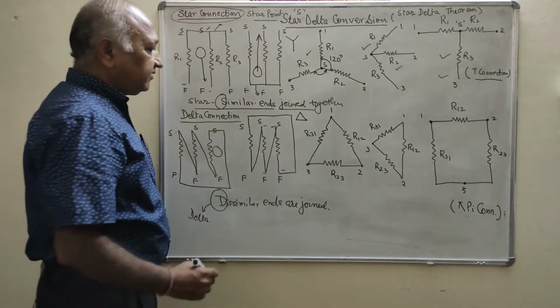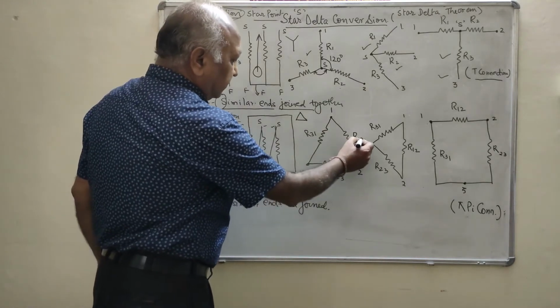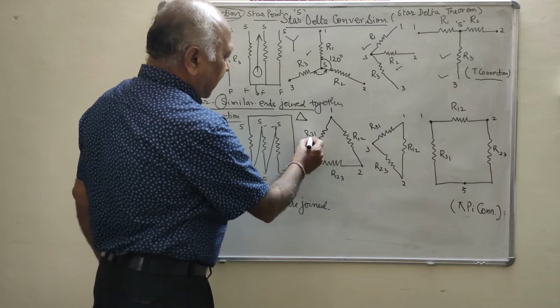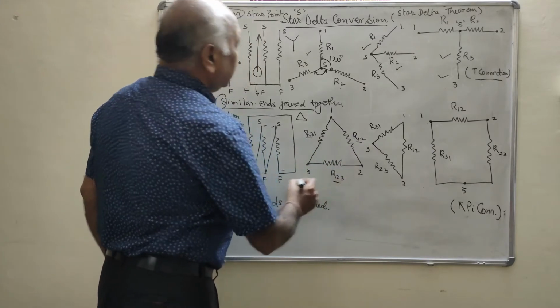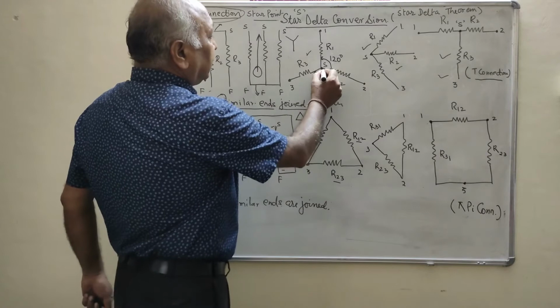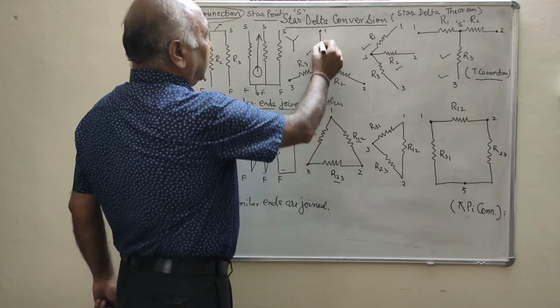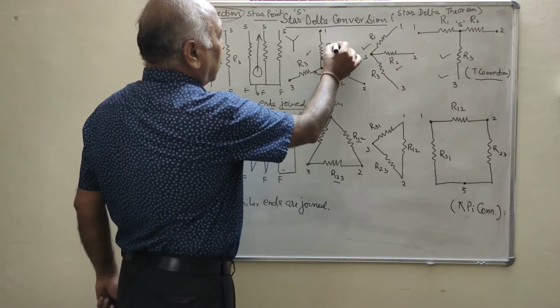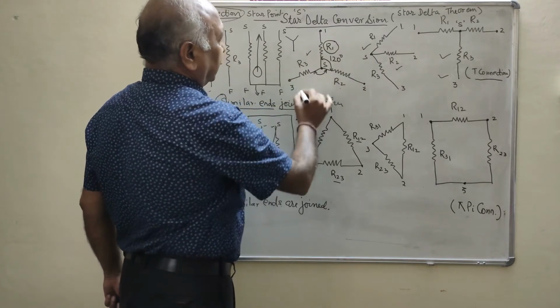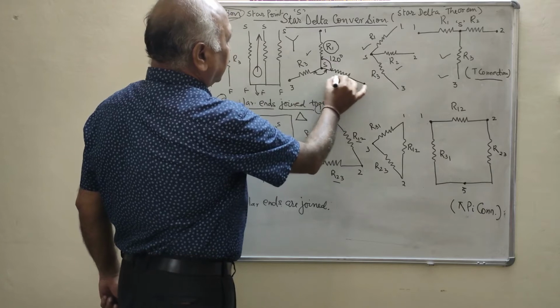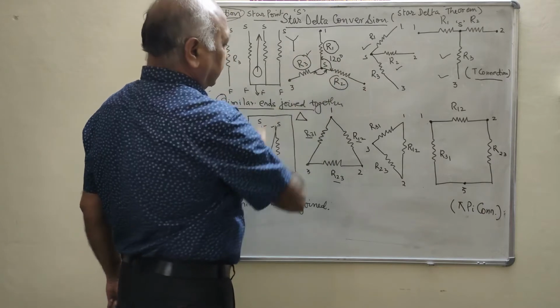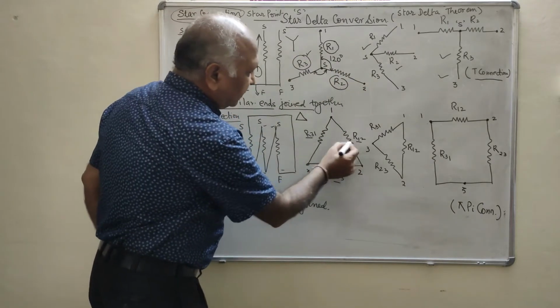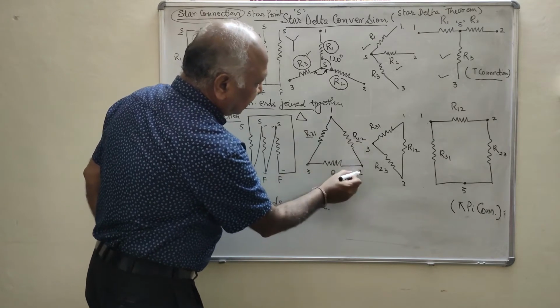Here you will see R12, R23 and R31. Look carefully, here is the star point. Here this is 1, this is 2 and this is 3, so what nomenclature did we use? R1, here this is R2, here this is R3. Here R12 is connected in between 1 and 2.